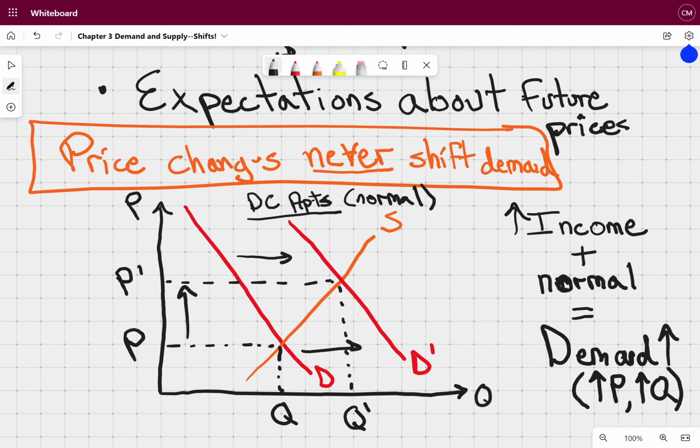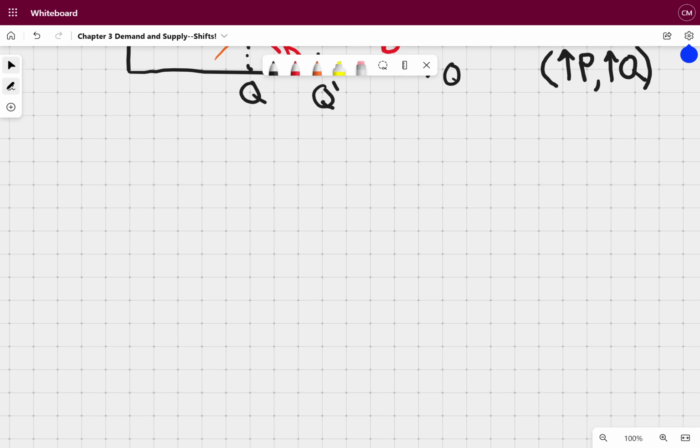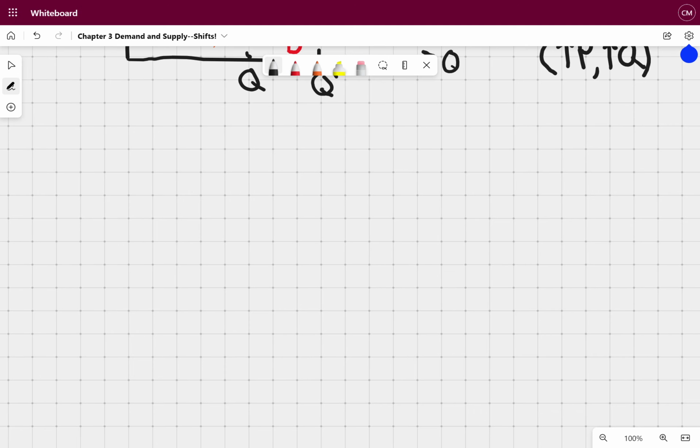Okay, let's talk about shifts in supply. So just like there's a long list for demand, there's a long list for supply. Let's try to get it all on one thing here, though. I'll make it a little bit smaller. Supply shifters.